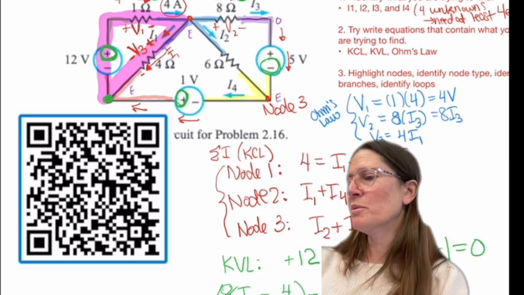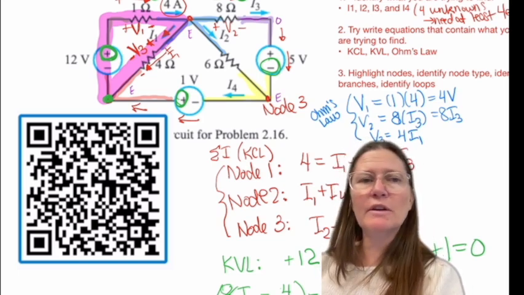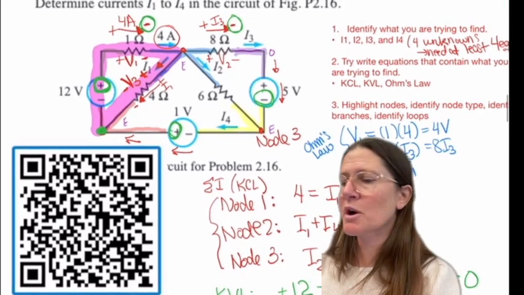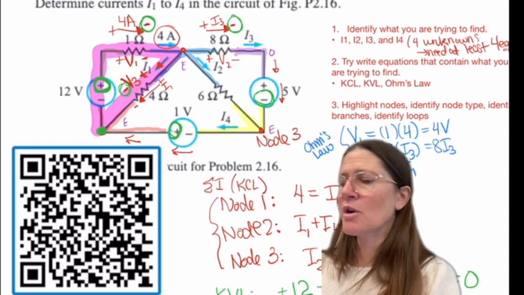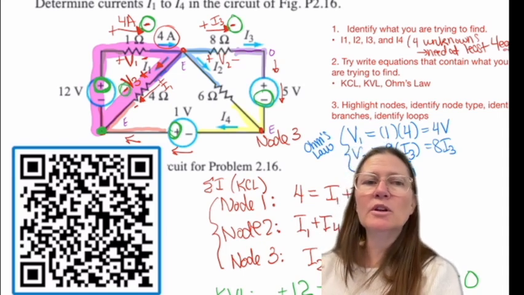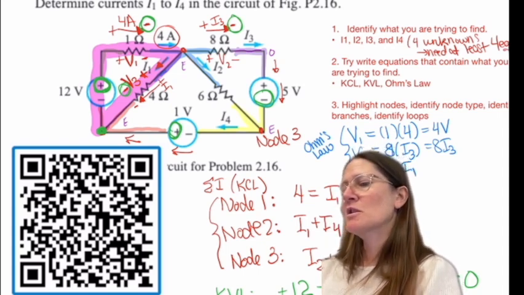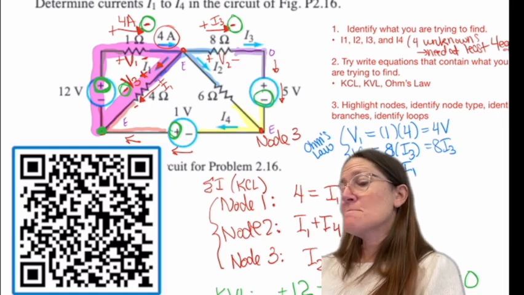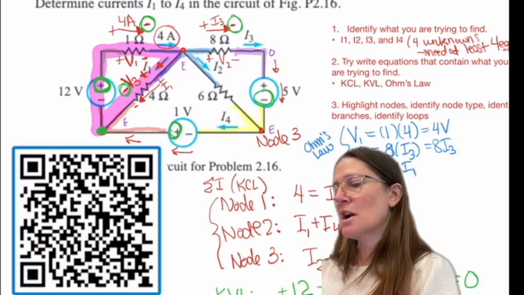So my loop is going to be, if I start in the same left-hand corner, I go through the 12, through the 1 ohm, and then I'm going to go through that one, and it will be a minus there. So plus 12 minus 4 volts minus V3, which is also a minus 4I1.